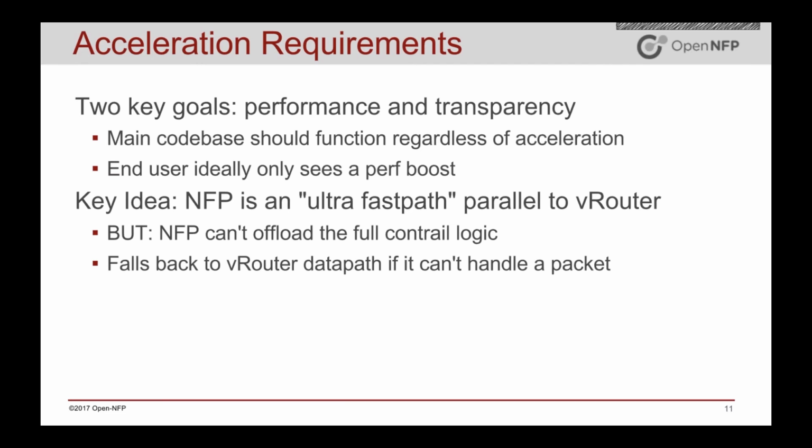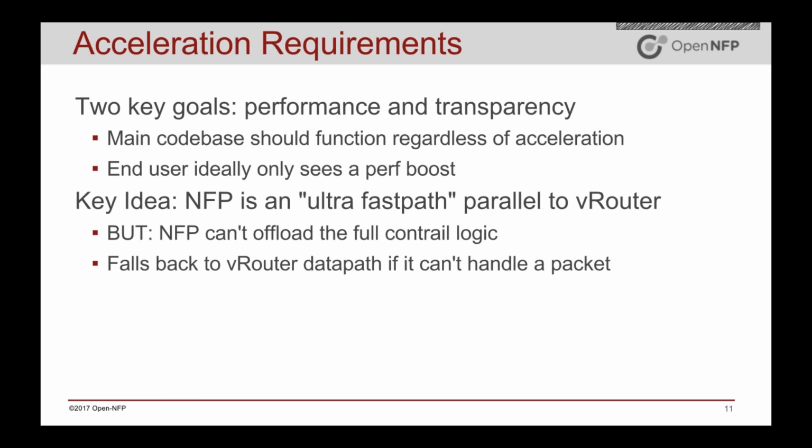So the way we approached this was, as Ted described, you could say that the vRouter data path had this user space component and this fast path. So we approached this by making the NFP an ultra-fast path, parallel to the vRouter fast path.